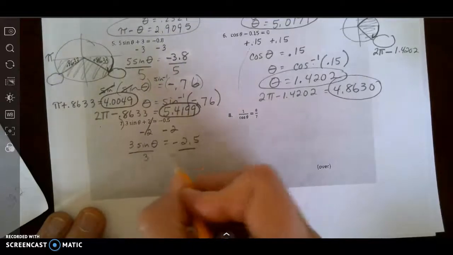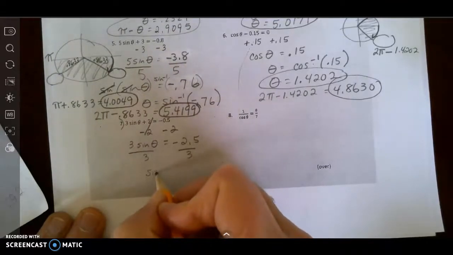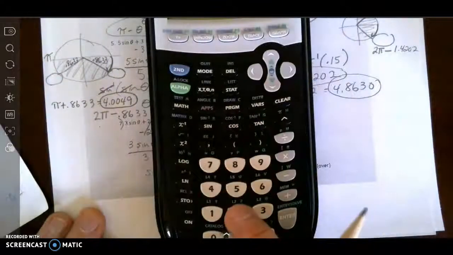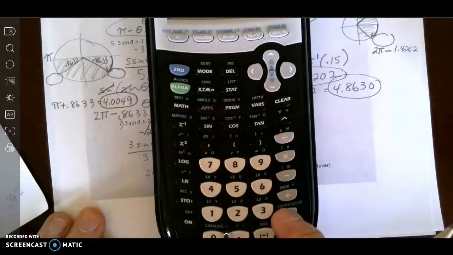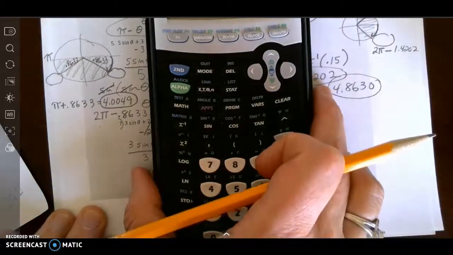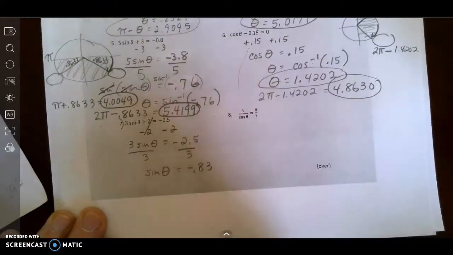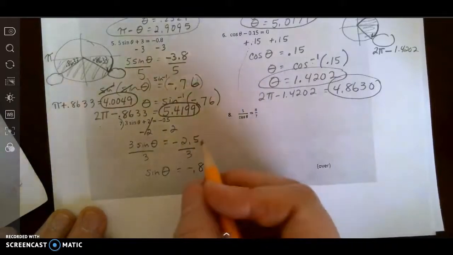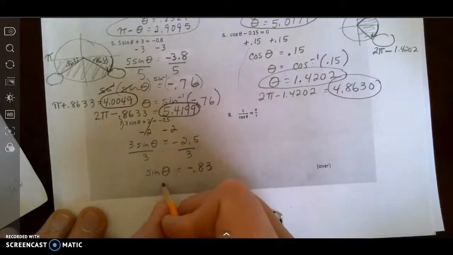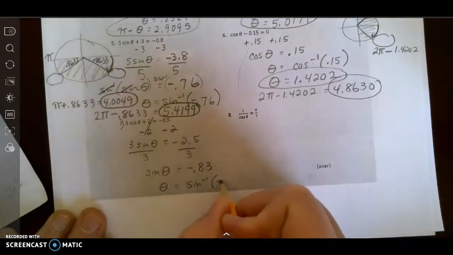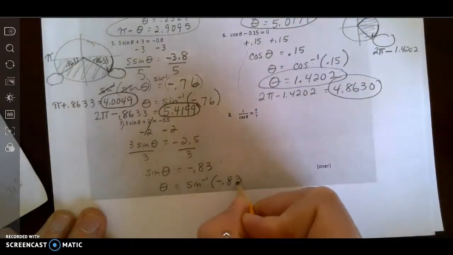Divide both sides by 3. Negative 2.5 divided by 3, and I get negative 0.83. I'll just round to that. And I take the inverse of each side, so theta is the inverse sine of negative 0.83.